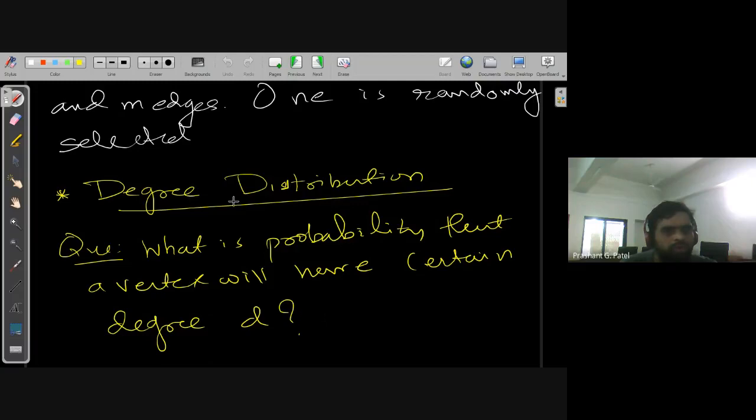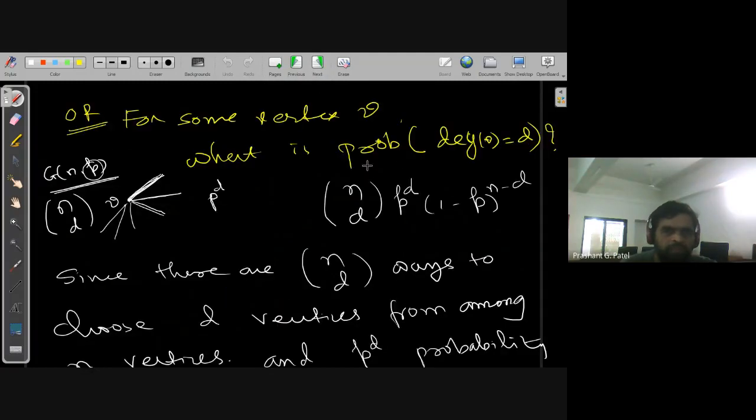Then we talked about the degree distribution. That means, what is the probability of a vertex having degree d? It turns out that the probability that the vertex v has degree d is n choose d, p to the power d, times (1-p) to the power n-d. That is the binomial distribution.